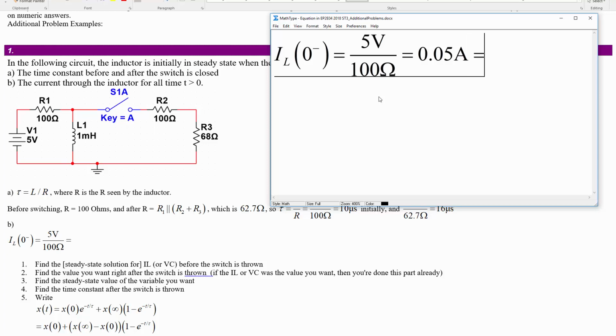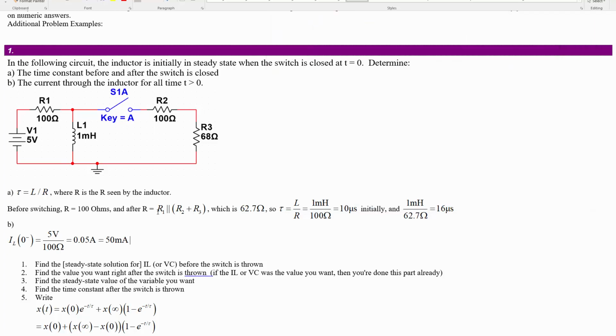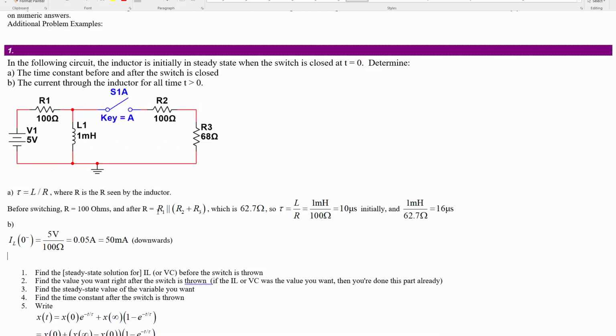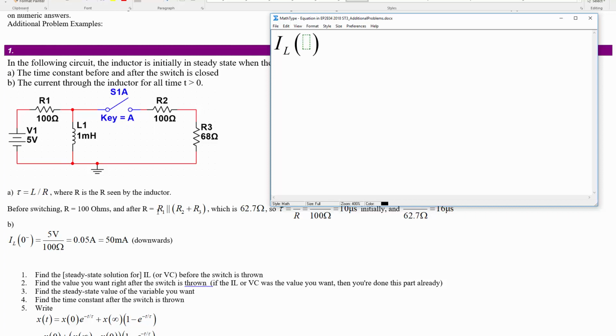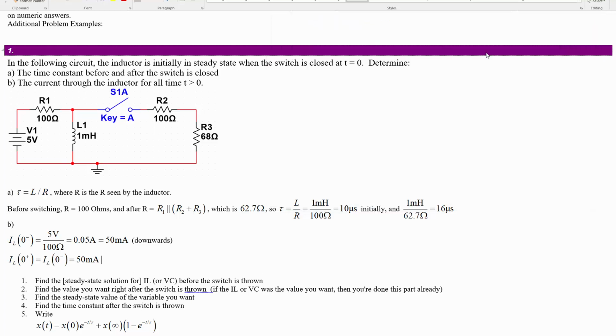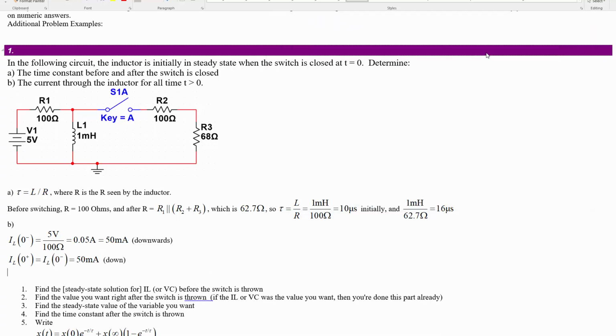So 50 milliamps, and that's directed down. All right, and IL at 0 plus equals IL at 0 minus. By this I mean just before the switch is thrown, so a little bit less than 0 time, and at a time a little bit greater than 0 is the same because it can't change. So that's equal to 50 milliamps down.